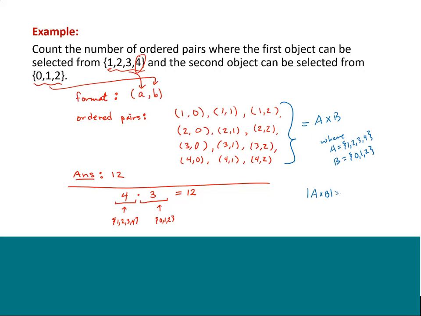Anybody happen to remember how to calculate the cardinality of a cross product? I can't tell if the blanks are you guys typing or you're not sure, but this was the rule. You just multiply the cardinalities of the two individual sets.